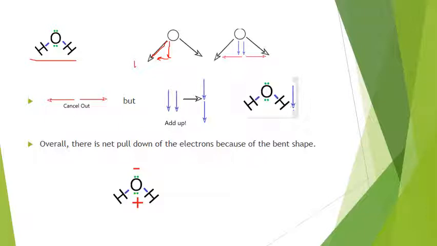Here's the vertical component and here's the other vertical. It turns out that the two horizontal components will cancel out because they're going in equal and opposite directions, but the two verticals add up, head to tail.